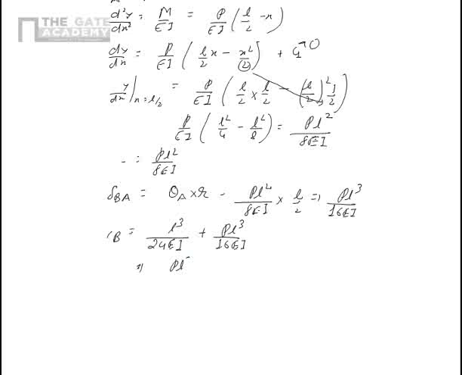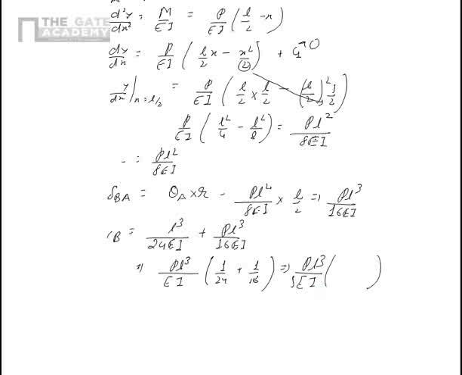This I simply resolve. This equation becomes 1 by 24 plus 1 by 16, times PL cube upon EI. Now I can do a simple modification here. 16 is 2 by 3 of 24, so I can write this as 3 by 2 into 24, or I can simply solve this equation.